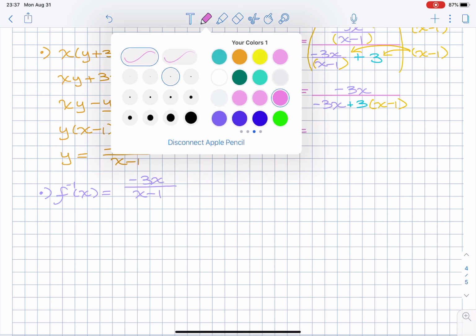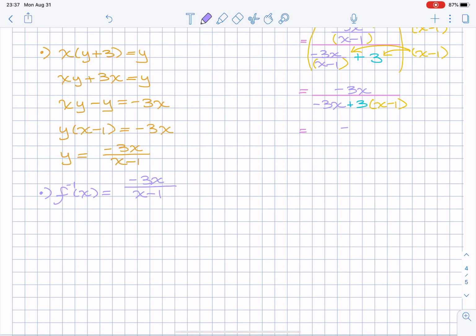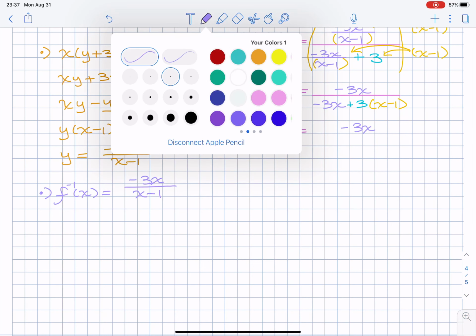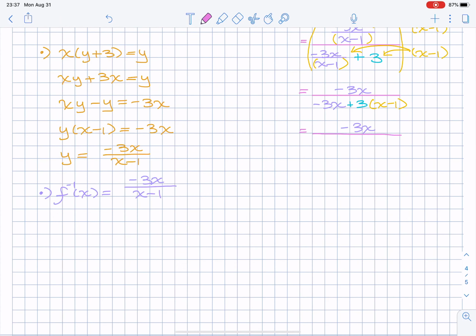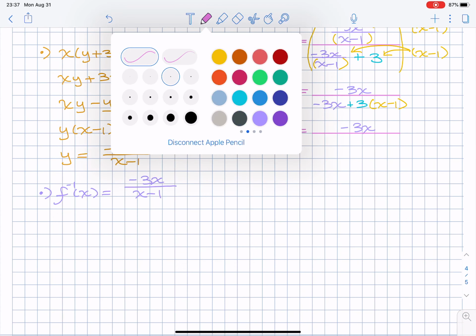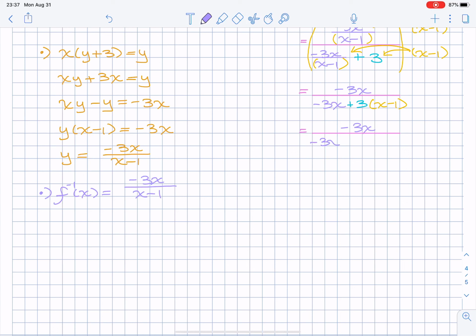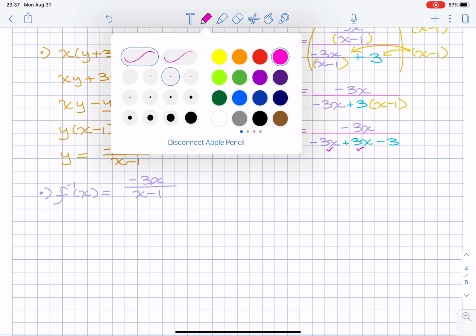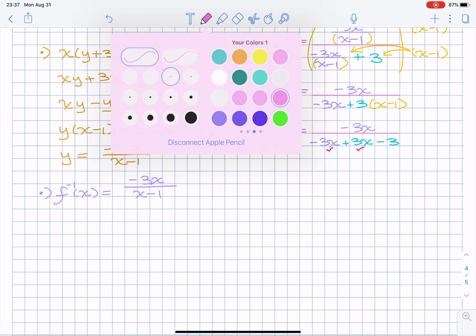So we will have negative 3x divided by negative 3x, then plus 3x, and then minus 3 when we distribute. And we notice now negative 3x and plus 3x sums to 0.